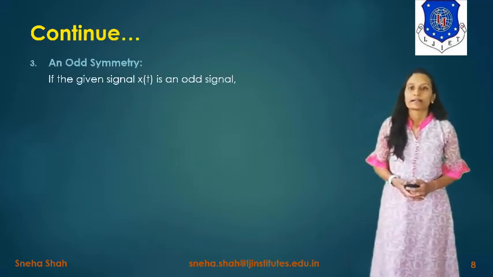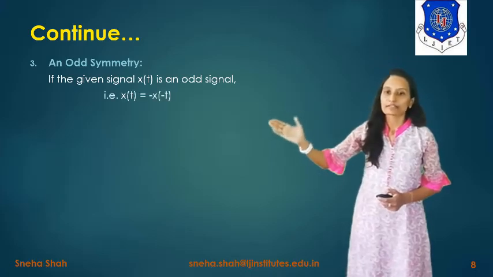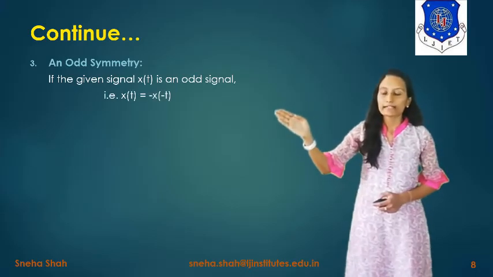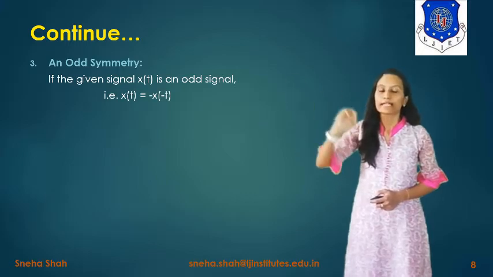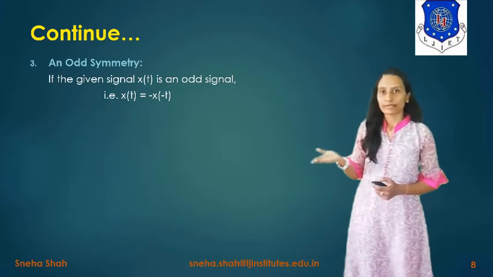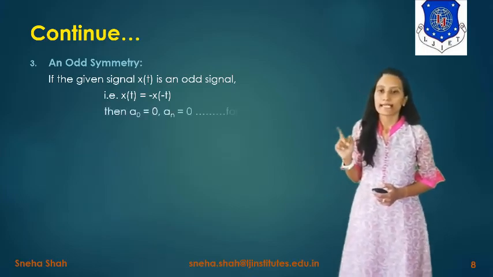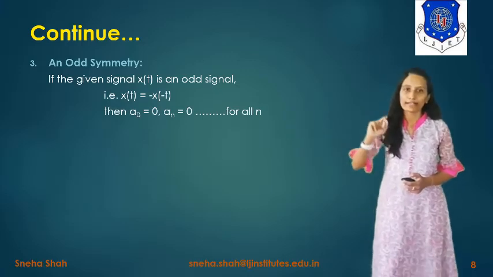Similarly, the next symmetry is odd symmetry. For the odd symmetry, the condition for the given signal is x of t equals minus of x of minus t. This condition is satisfied only by an odd signal, and if an odd signal is given to you, then you take the values of a0 as well as an equal to 0 for all values of n.